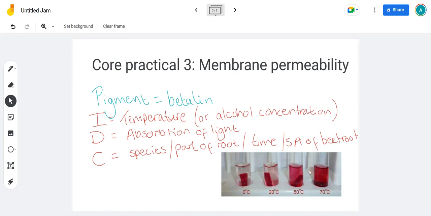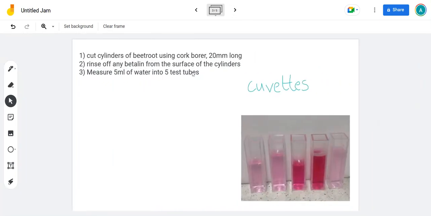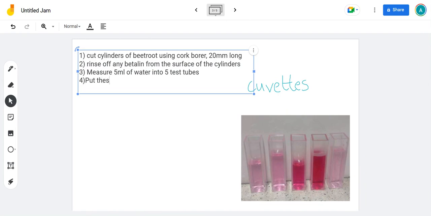So on here, look, we had the picture of tubes of water with the cylinder of beetroot in, each one being put at a different temperature. Okay, so measure out 5 ml of water into 5 test tubes, and then put those into water baths at different temperatures.